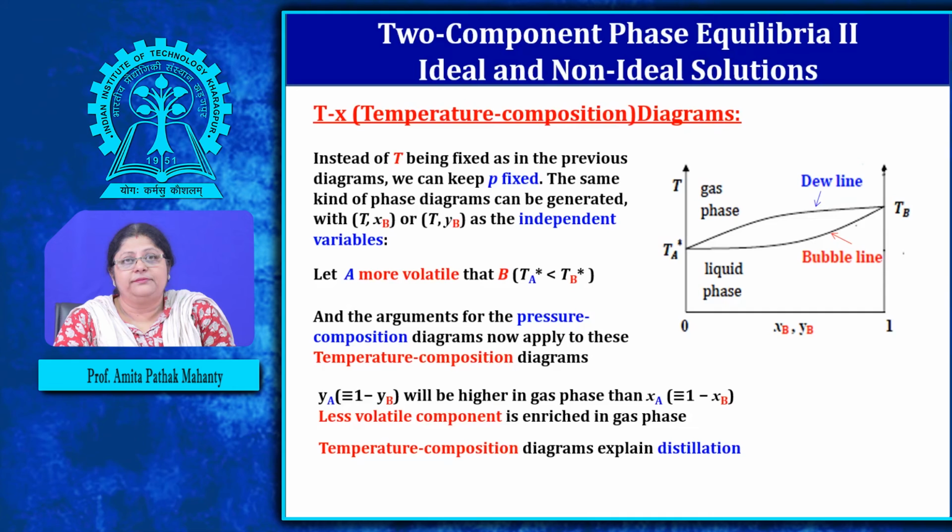Every other thing remains the same. Again, you do a composition curve. Obviously, this will become the bubble line. This is not drawn to scale. This should be a straight line, and this one should have a curvature.